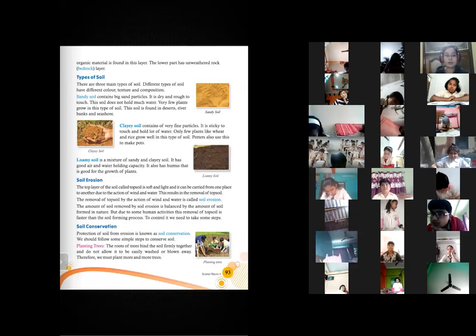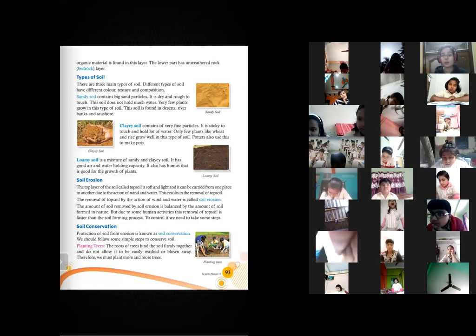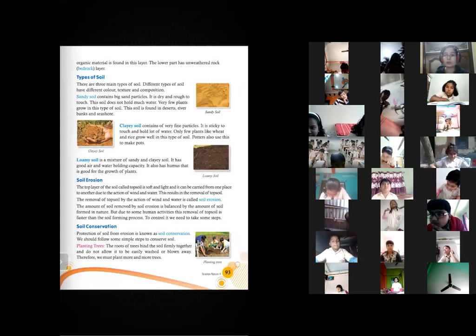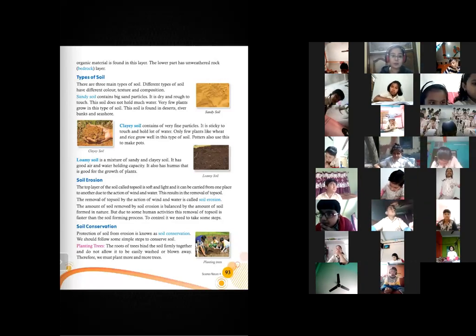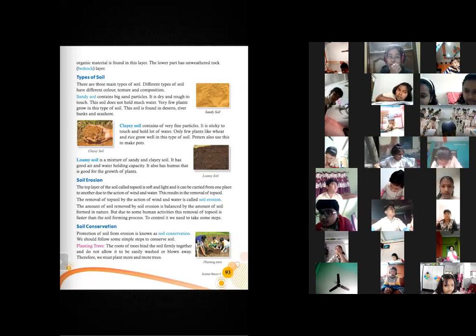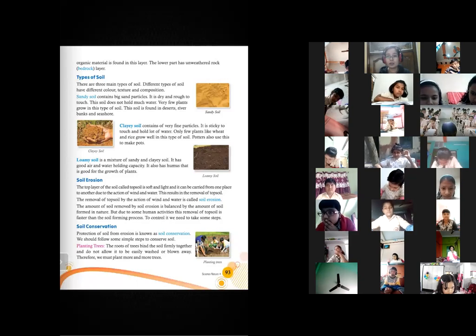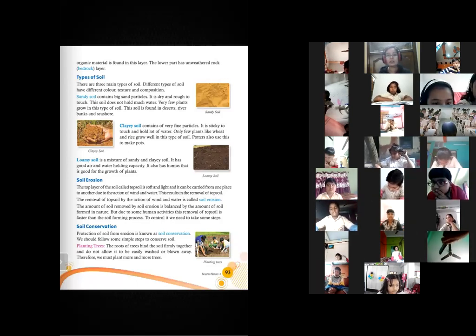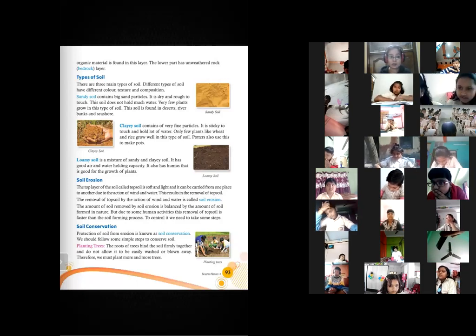So in clay soil also plants cannot grow properly, because clay soil holds most of the water. There is too much water in the clay soil. And potters also use this soil for making pots and different types of idols, models. Next one is loamy soil, which is the best type of soil.